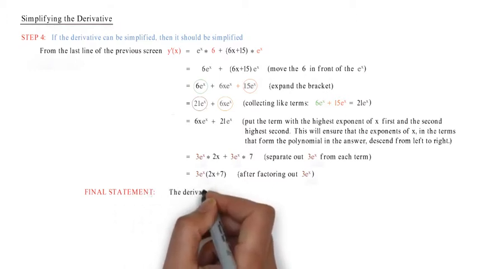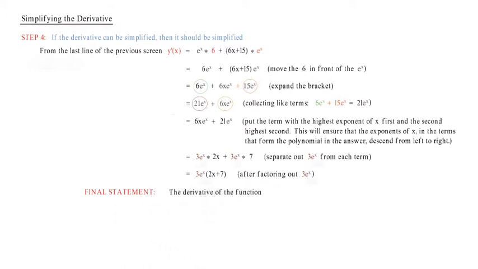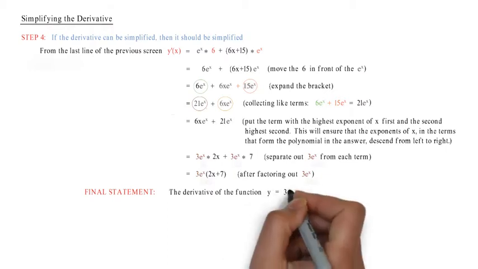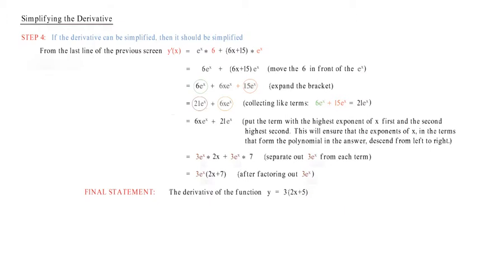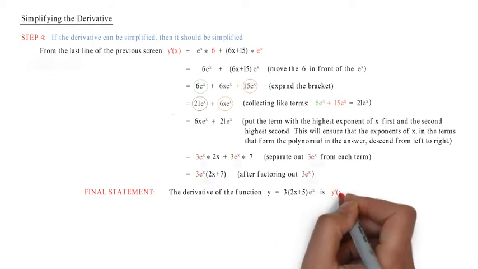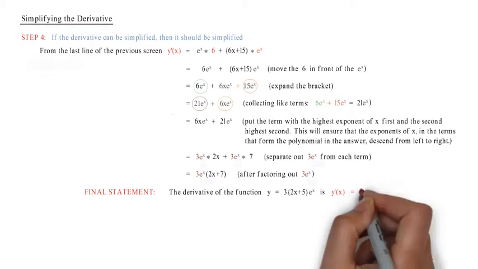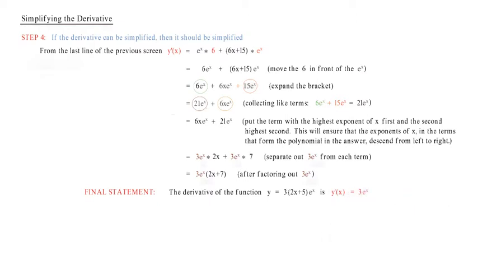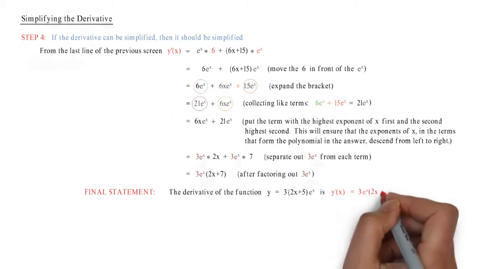The derivative of the function y equals 3 into 2x plus 5 times e to the x is y'(x) equals 3 e to the x into 2x plus 7.